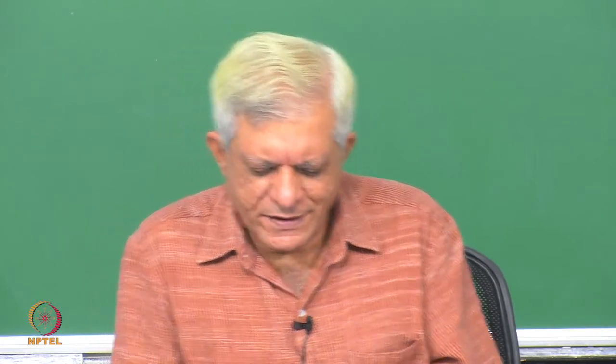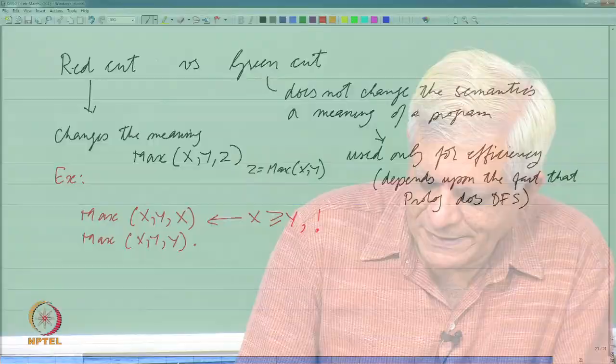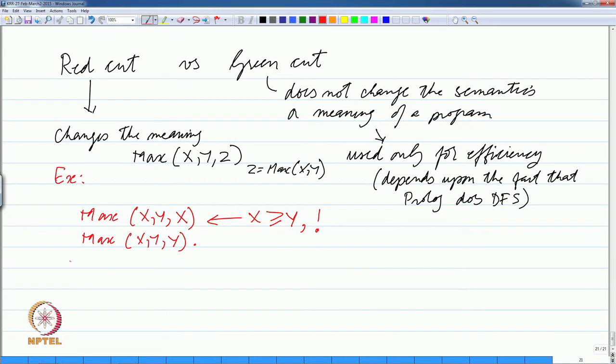For example, if you give a query like max 2 3 3, it will say yes, and it will say 3 is the max, it will return the value, assuming it is returning the value.